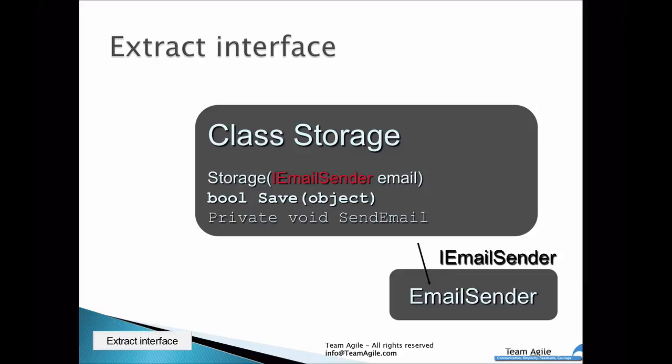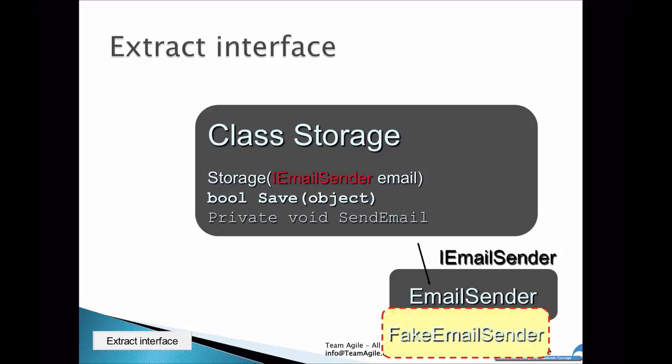But we get what's called a seam. Seam, S-E-A-M. A seam is something that allows us in our code to test or to replace things. And in this case, having a parameter that's an interface in the constructor allows us to create in our test code a fake email sender.